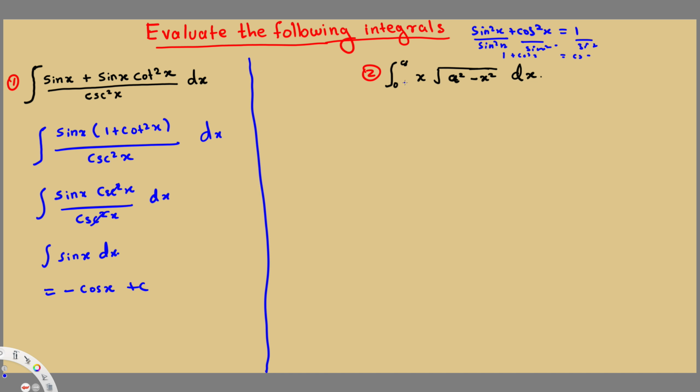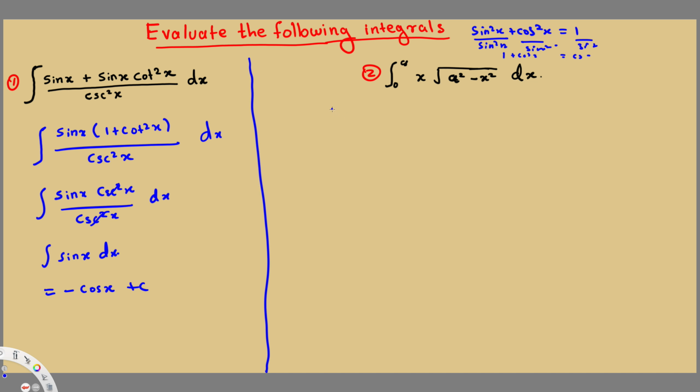This is the definite integral, and it's going from 0 to a, and we have this function right here. a represents a number. The first thing I can do is a u substitution, because the derivative of x square will give you x, which is outside.